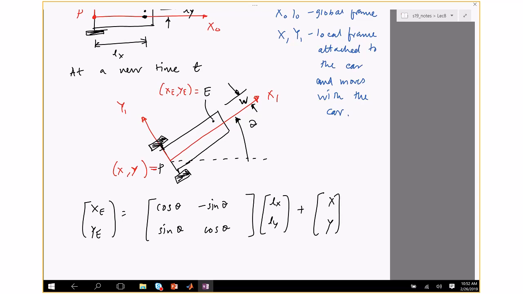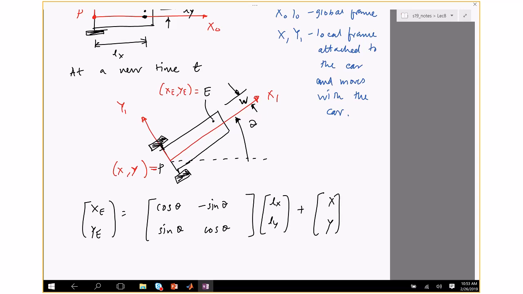So you can check this, for example, if you put theta equals 0, you get cosine 0 is 1, 0, 0, 1, so you will get xe equals Lx plus x. That is, if the car was at an angle theta equals 0, then clearly the x position of E would be x plus Lx.